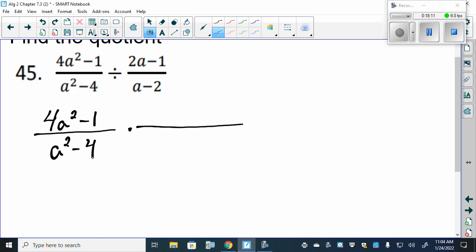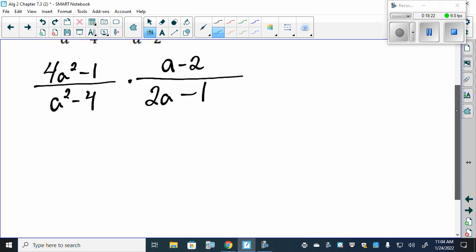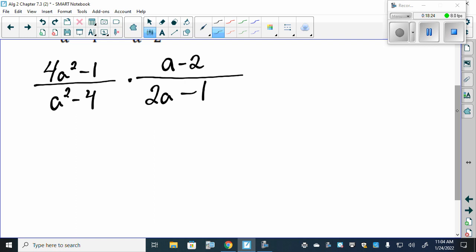Now the second one's going to become a minus 2 over 2a minus 1. Once we have that written down, we can move on to the multiplication. Or not multiplication, our factoring.